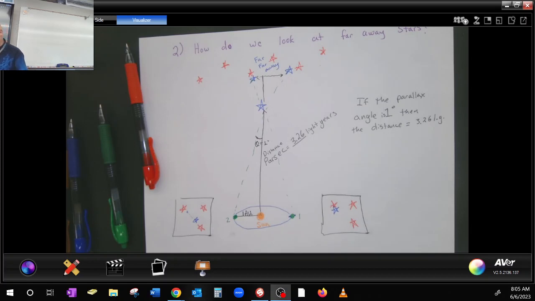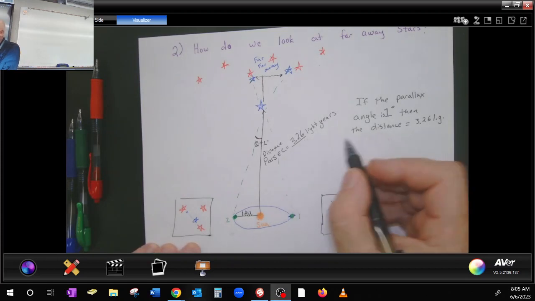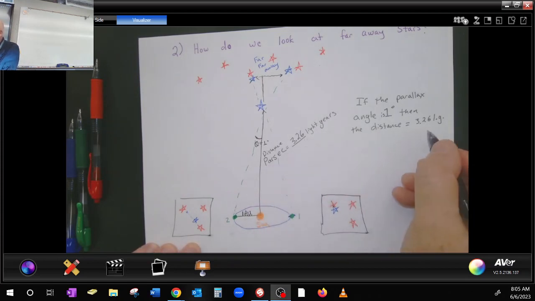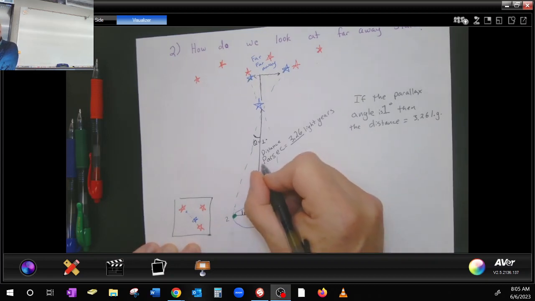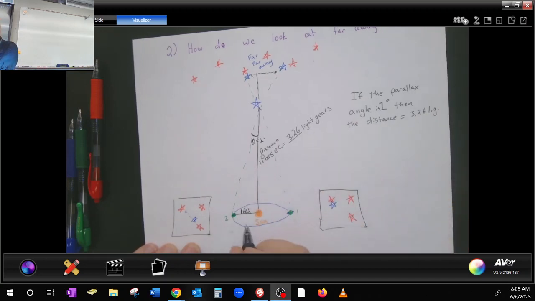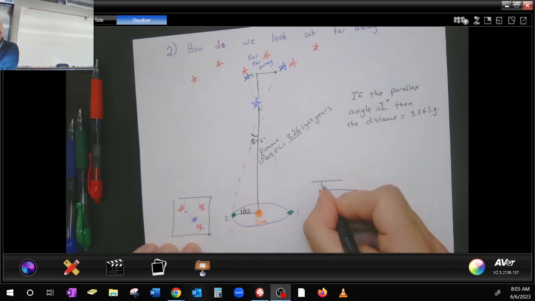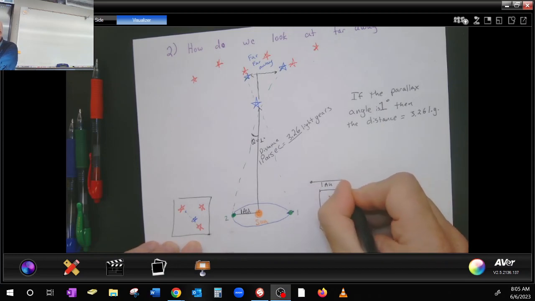So instead of doing trigonometry and using the whole SOHCAHTOA, if I know that 1 parsec is 3.26 light years, then I can actually figure things out a little easier. For example, if we take this same distance right here, 1 AU, so this stays the same, all right?